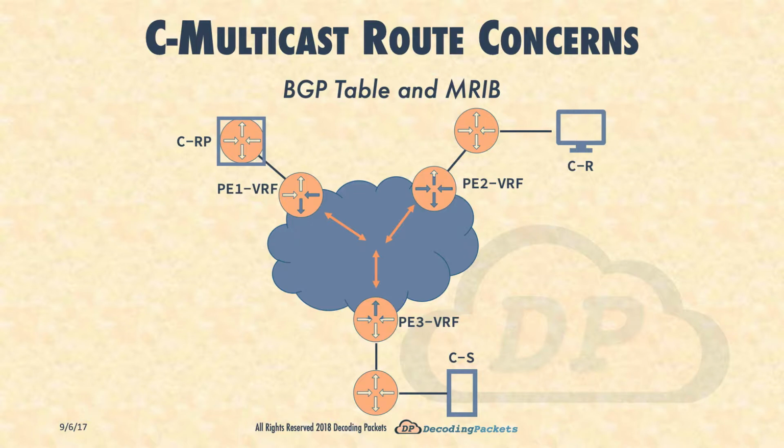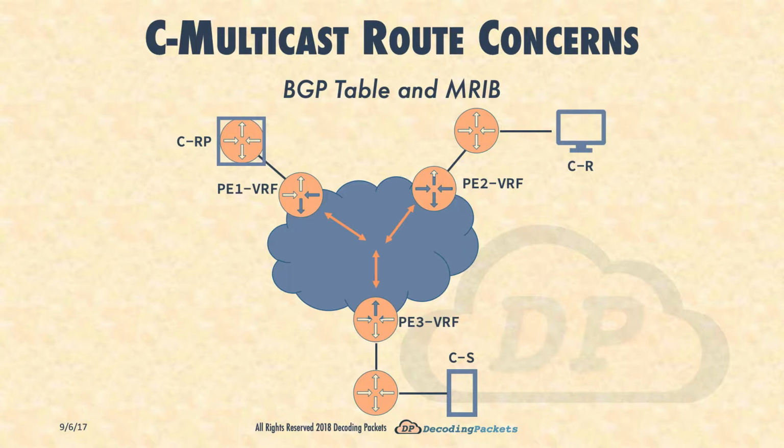Next is PE2, and the customer site behind PE2 contains a receiver, C-R, which is subscribed to an ASM group. That's going to become important. Finally, in the site behind PE3, there is a source, C-S, that generates a multicast flow on that same ASM group that C-R is subscribed to. So let's begin.